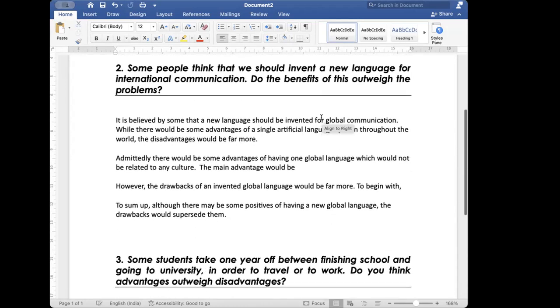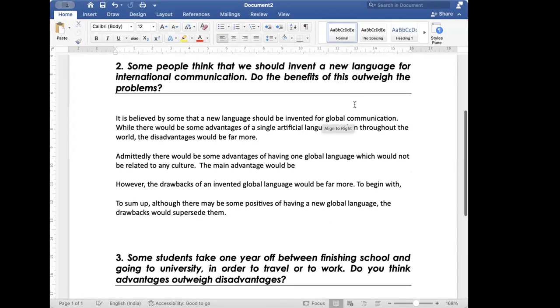Because it is going to be on these lines only. Now that I've taught you very simply and slowly, I think it should not be a problem. In the discuss essay, how we wrote that, on the one hand, there are many reasons why some people say that having one global language, a new invented global language, would be good.